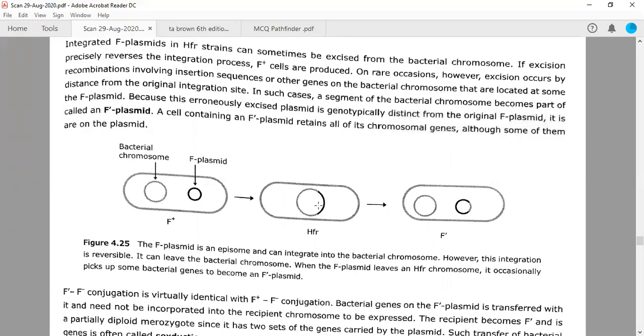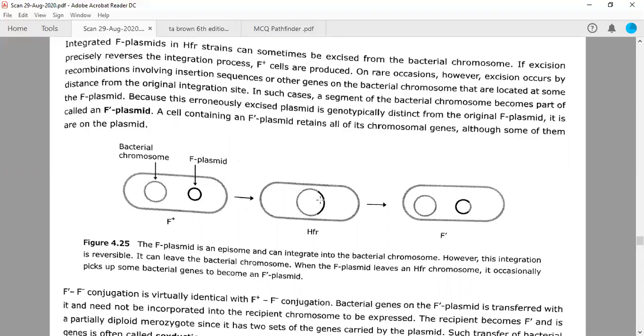Now what will happen, because this F plasmid was having different kinds of genes which are called tra genes, or the transfer genes, which are of two categories. One is called MPF, mating pair formation genes, and second is called DTR, DNA transfer and replication genes, right?